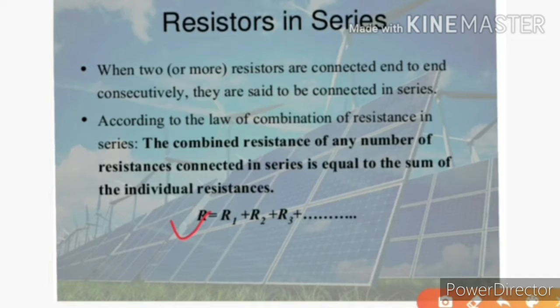So if capital R is the combined resistance in a system, then the combined resistance is equal to the sum of the individual resistances, that is R = R1 + R2 + R3 and so on, depending on the number of resistances present.